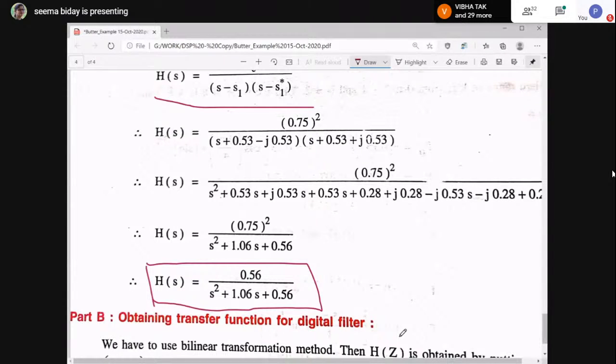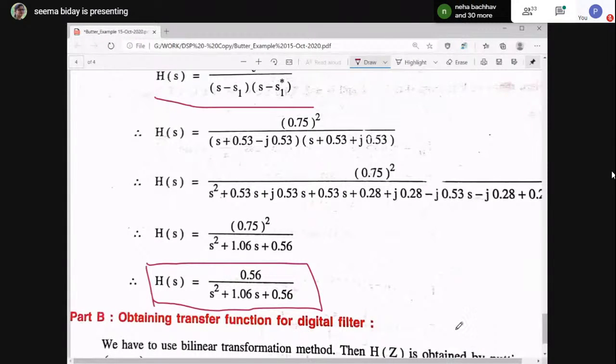I have got H of s. Is the filter designing over? Yes, Devashri, you are correct.